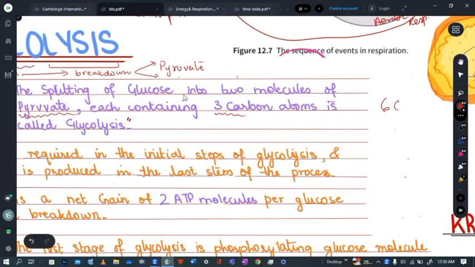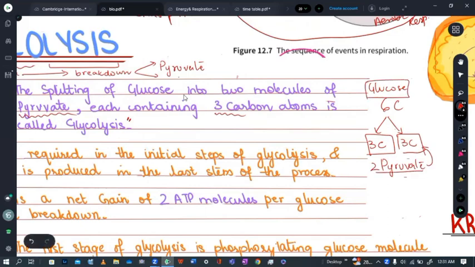As we know, glucose is a 6-carbon compound. When a 6-carbon compound breaks into 2, each compound formed will have a total of 3 carbon atoms. So we have 2 molecules of pyruvate. Pyruvate is a 3-carbon compound. So the breakdown of glucose forms 2 molecules of pyruvate, each of 3 carbon atoms.